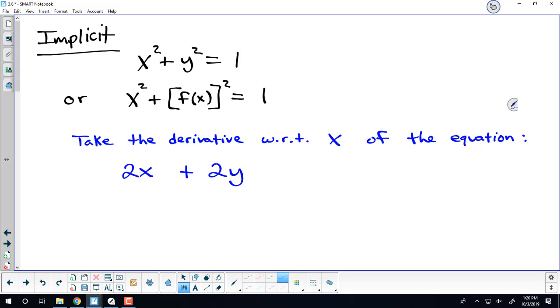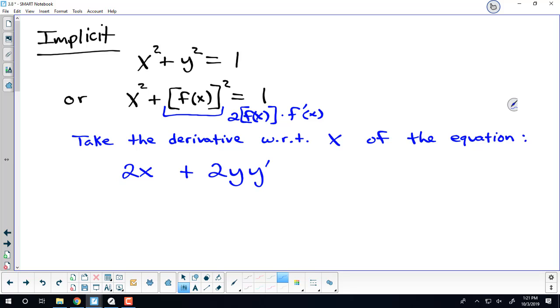Again, 2y is accurate if we're taking the derivative with respect to y, but we're taking the derivative with respect to x. If we're taking the derivative of y here, we have to say it's 2 times f of x to the first, times the derivative of f of x. So it should be 2y times y prime.